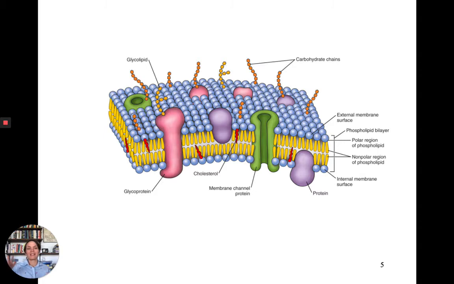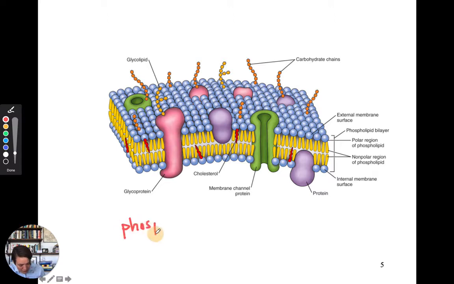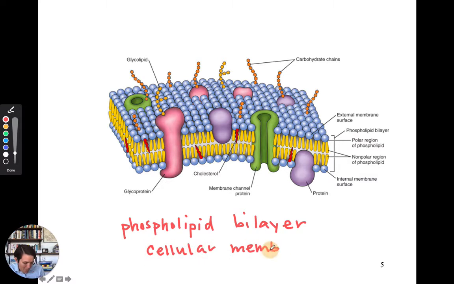And if you don't think that that is exciting, maybe you will get more excited by the importance of being hydrophilic or hydrophobic in the phospholipid bilayer, otherwise known as your cellular membrane.